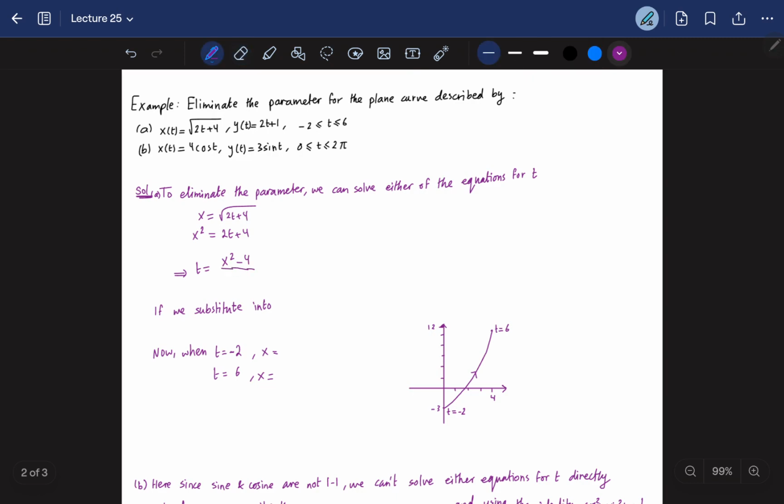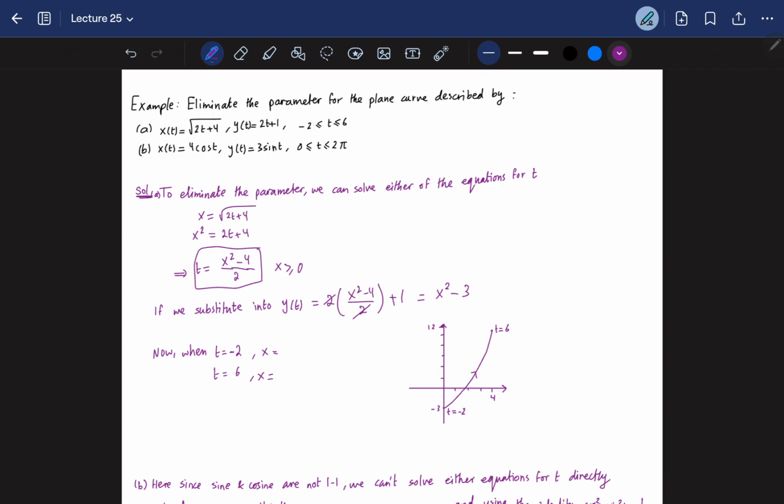And now here x is definitely bigger than or equal to 0. So now if we substitute back into your y of t, instead of t, you plug in this expression, we're going to get 2 times x squared minus 4 over 2, plus 1. If you simplify the 2 with the 2, you're going to get x squared minus 3.